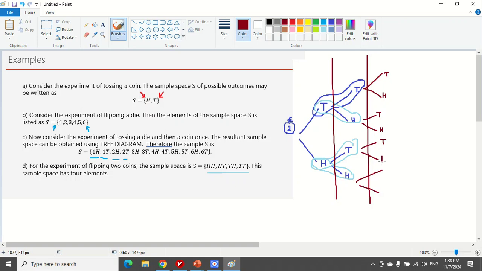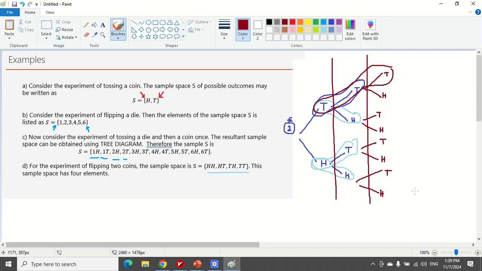To count the elements of this statistical experiment, we will discuss it in the counting part in the next part. So for now I can write it like this. TTT means that the first one is tail, the second one is tail, the third one is tail. Then TTH means that the first is tail, the second is tail, and the last one is H or head. And so on.